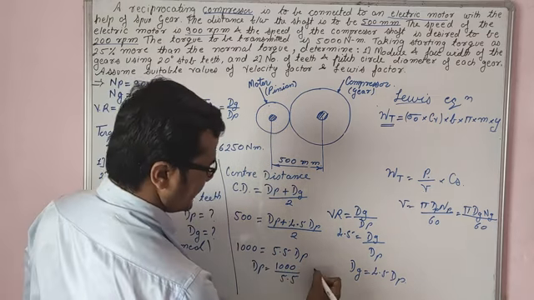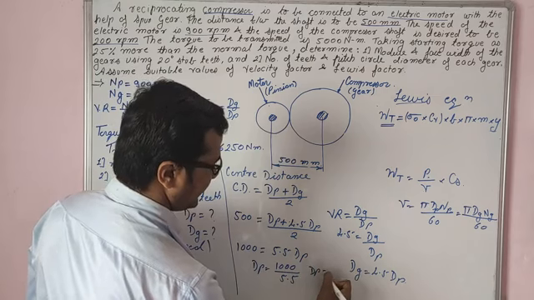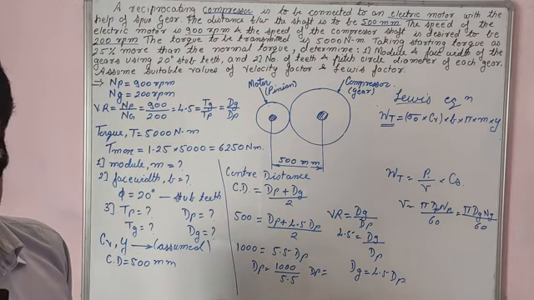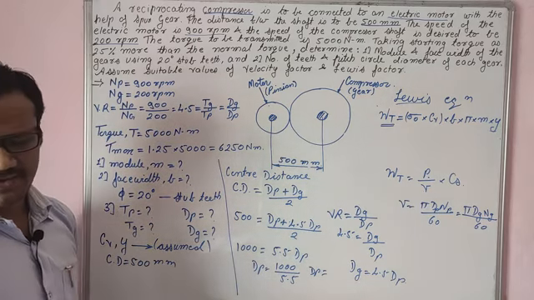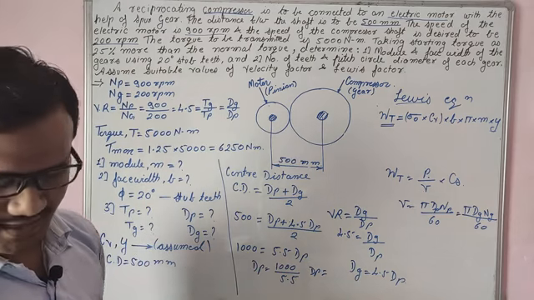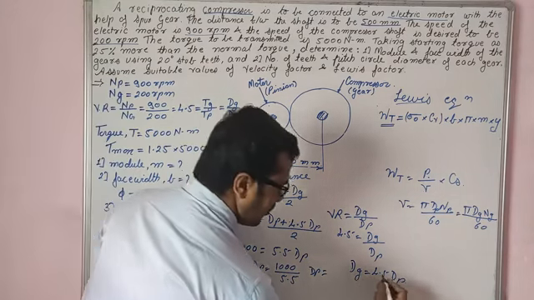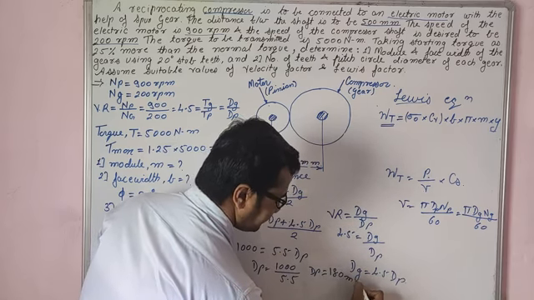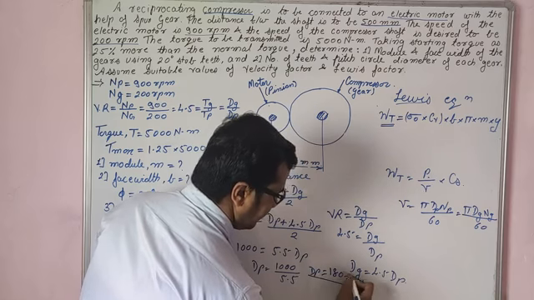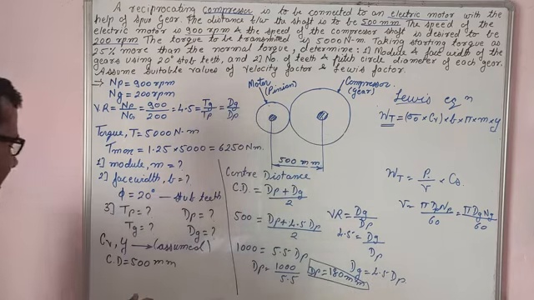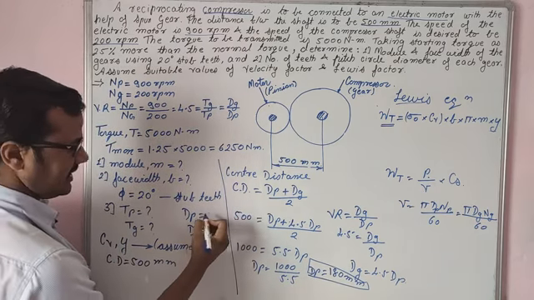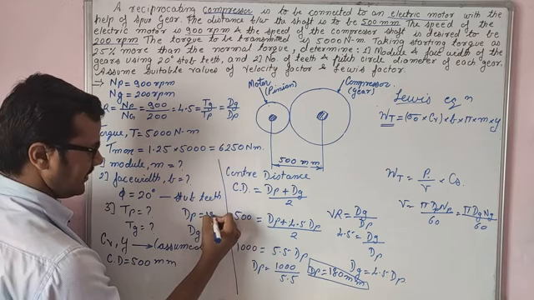So the diameter of the pinion will be equal to 1000 upon 5.5. This expression gives me the diameter of the pinion, and the diameter of the pinion found is 180 mm. So we have got one unknown, that is the pitch circle diameter of the pinion, which we were supposed to determine: 180 mm.